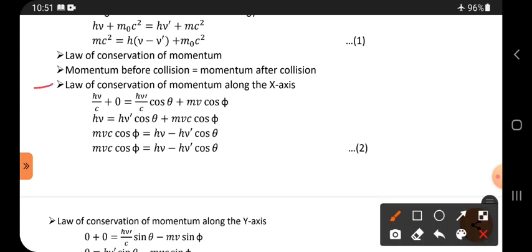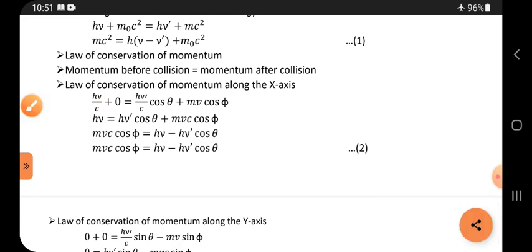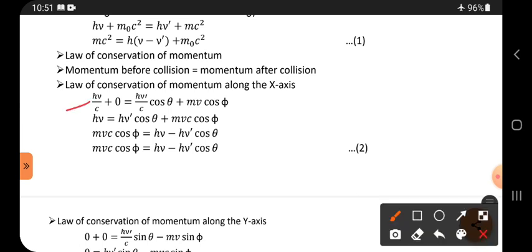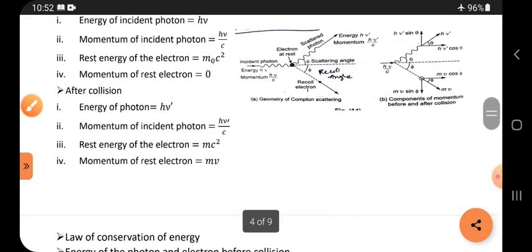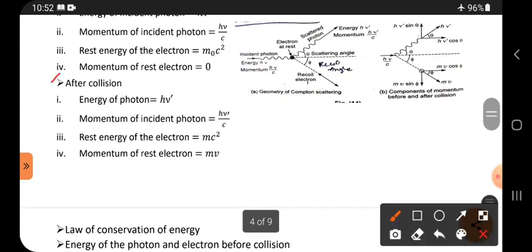Law of conservation of momentum along x direction. Law of conservation of momentum means we have to make the momentum before and the momentum after equal. The momentum before collision, which I have already shown in the previous one, is h nu by c for the photon, and for the electron it is zero.